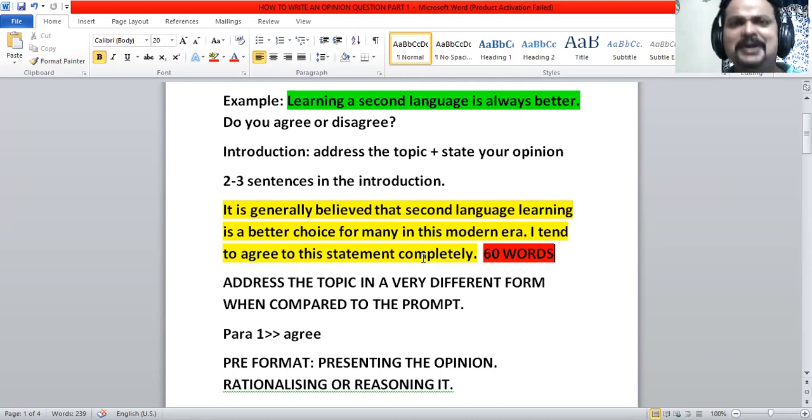Ideal presentation. We have to have a mental calculation of what you are going to write. How many sentences you have to write. In a sentence, how many words I'll be writing. This is all your writing skills.